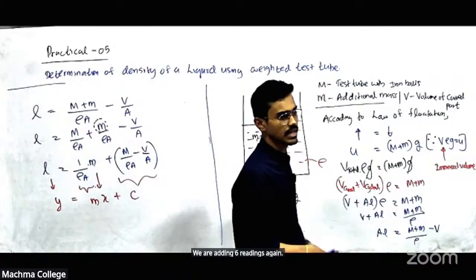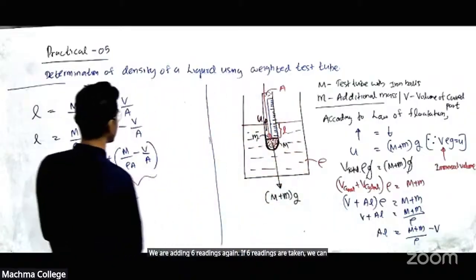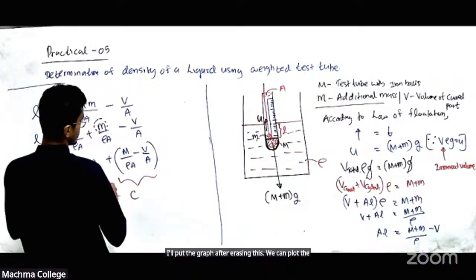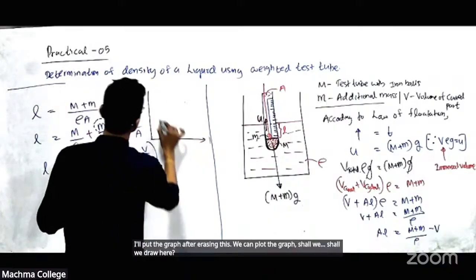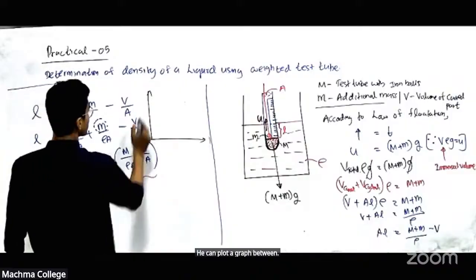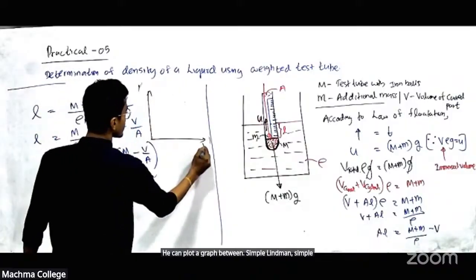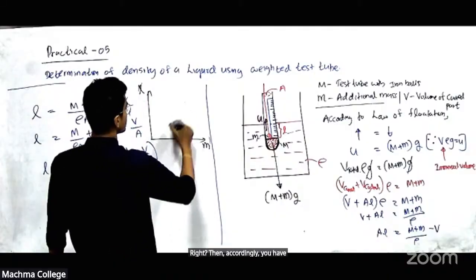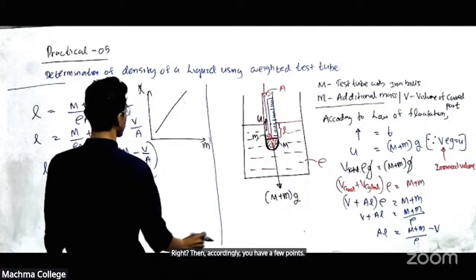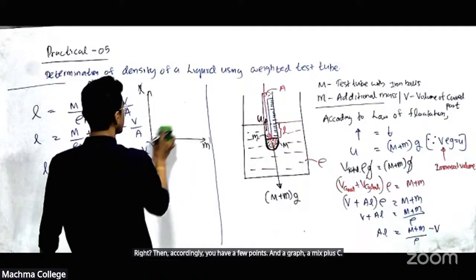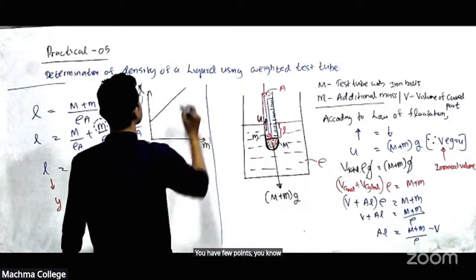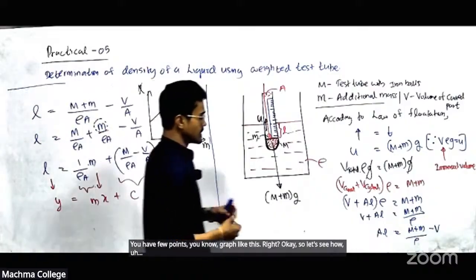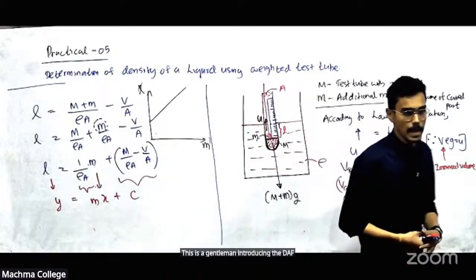If 6 readings are taken, we can plot the graph between M and L. Then accordingly, you have a few points and a graph of mx plus C, a graph like this. So let's see how this is determined using the graph.